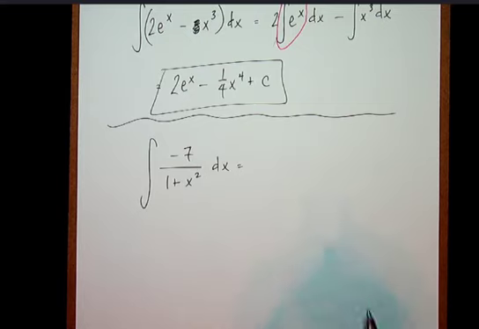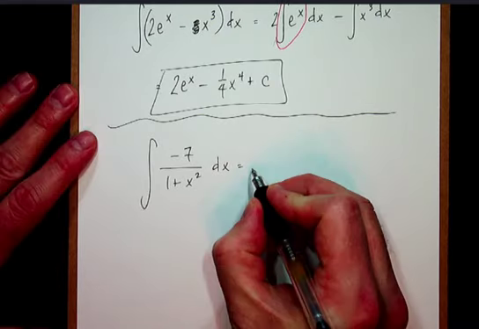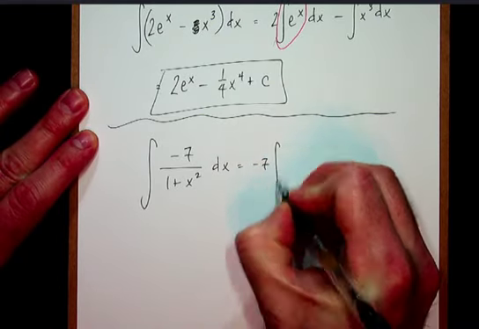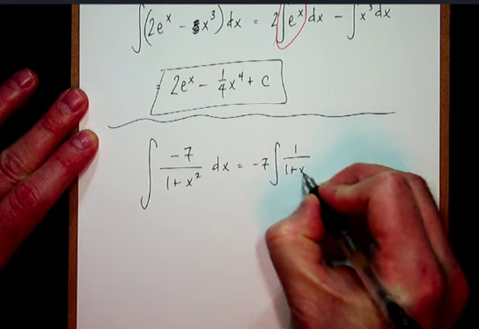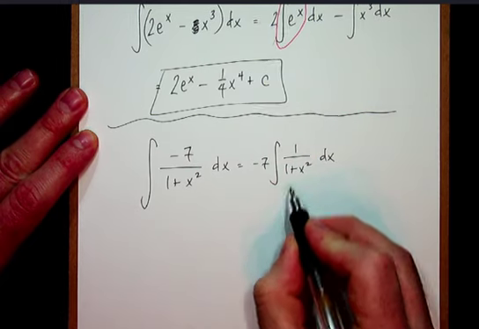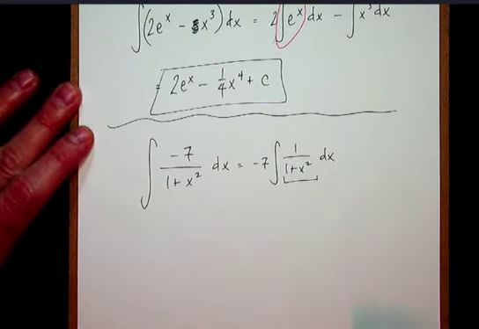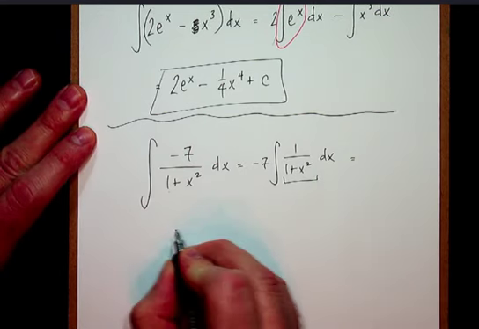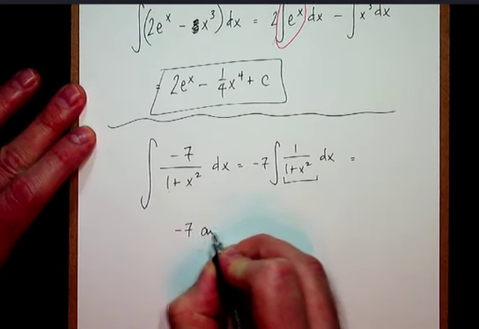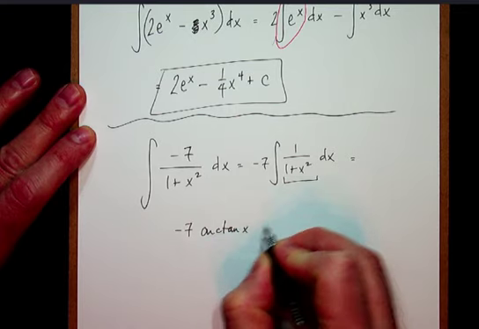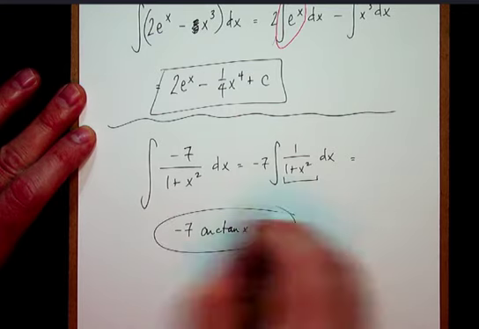And you say to yourself, well, that -7 is really mucking up the works, but then in a moment of brilliance you remember that that is a constant and can therefore be pulled out, and all of a sudden that integrand right here becomes very, very recognizable, and that becomes -7 arctan of x plus c.